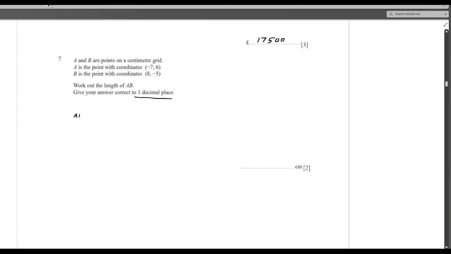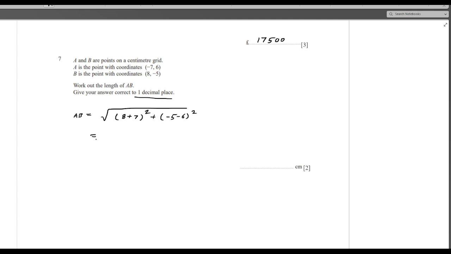The length of AB is the square root of (x2 minus x1) squared, so here it is 8 plus 7. Now when you subtract a negative number, it means you are adding it. So 8 plus 7 the whole squared plus (minus 5 minus 6) the whole squared. Minus 5 minus 6 is minus 11. If I square it, I will get a positive number. So here it is simply 15 squared plus 11 squared.